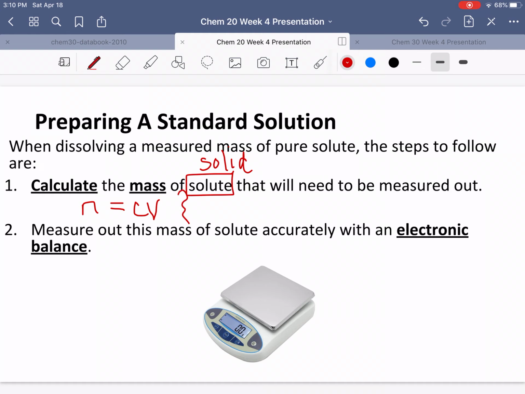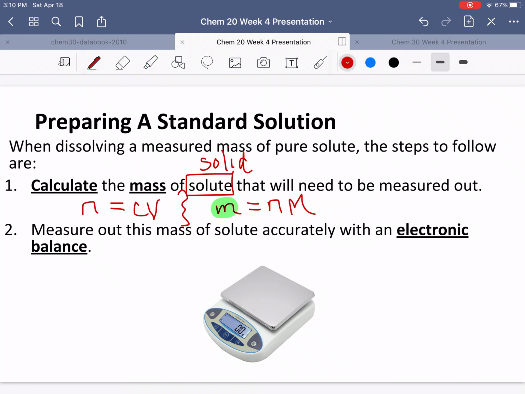The number of moles, of course, is super useful, because we can rearrange the formula for moles to get the mass. Take the number of moles times the molar mass of the solid, and wonderfully, you've now gotten the ability to calculate the mass required.